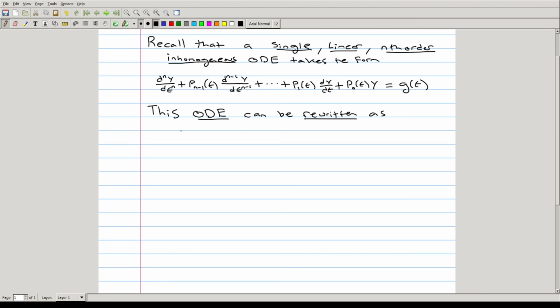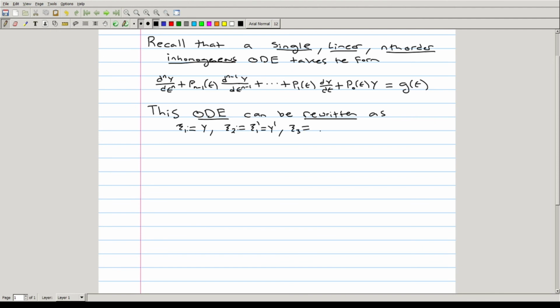So I'll introduce xi1 as being equal to y, xi2 will be defined as xi1 prime, which is just y prime.